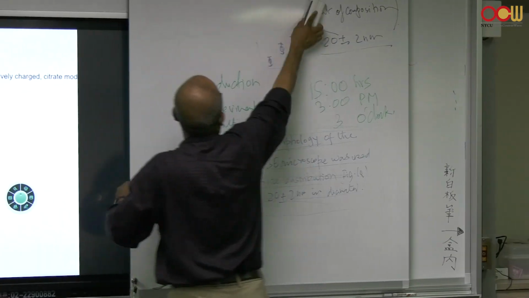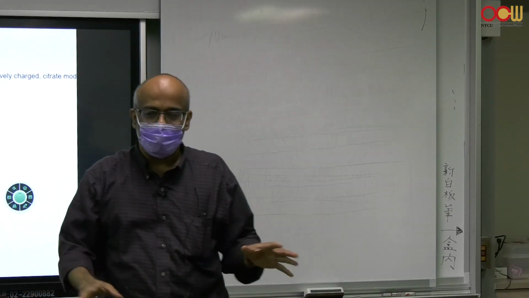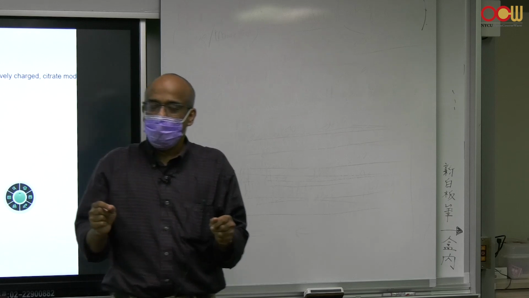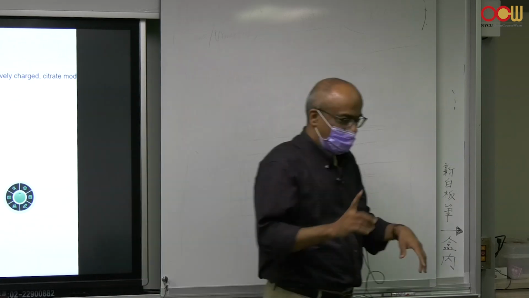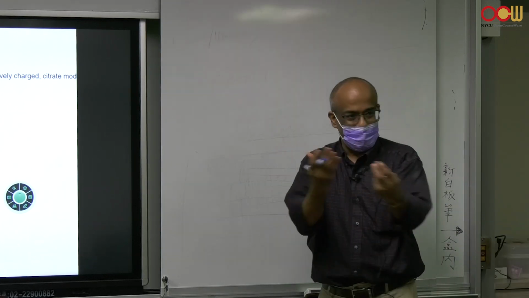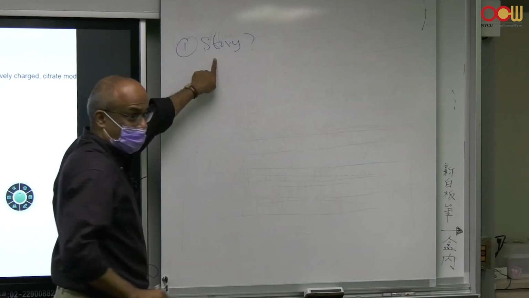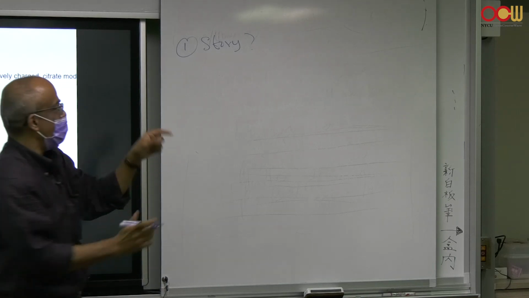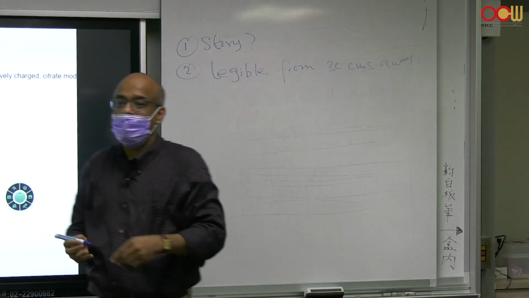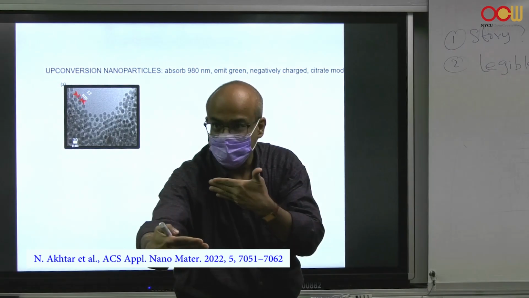We are composing figures, and I have taught you how to design figures. But finally, you can ask me, so how do I decide the figure is good or bad? The final answer is, when you have the figure, one, story, that's the content. The story is okay, A, B, C, D, E, that's okay. And two, is the figure legible from 30 centimeter away?